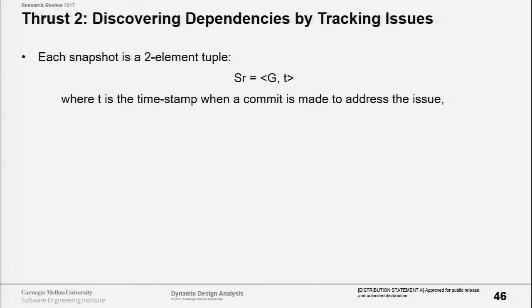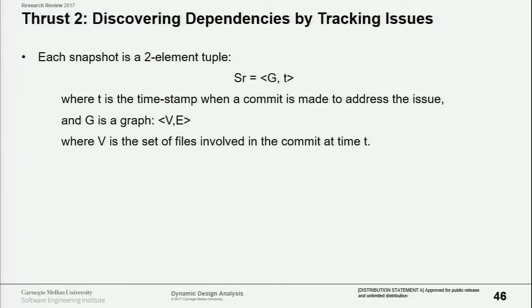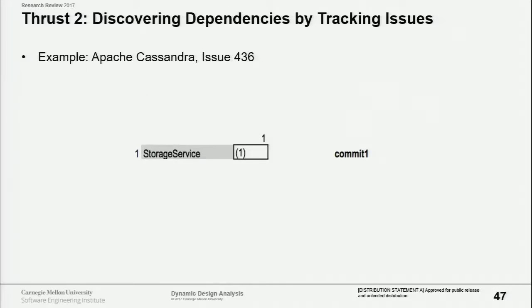So each snapshot consists of a graph, basically a representation of the elements involved and their relationship, and a timestamp when the commit is made to address the issue. And so as an example, let's get concrete. Here's an example that we analyzed from Apache Cassandra, which is a well-known distributed scalable database, quite prominent.